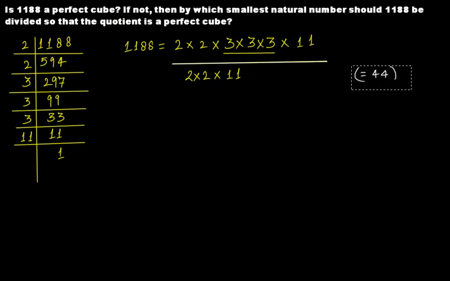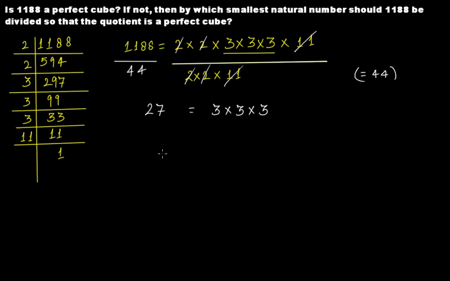So what we have actually done is divide this number by 44. So these 2s are gone, and this 11 gets cancelled. So you are left with only 3 times 3 times 3. What's the quotient that you get here? You can simply tell the answer as 27.